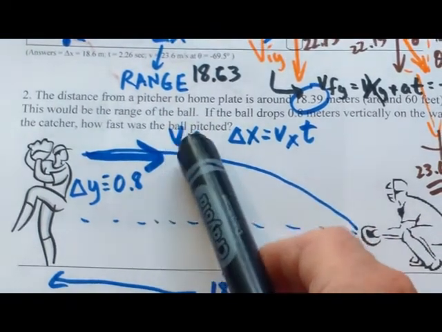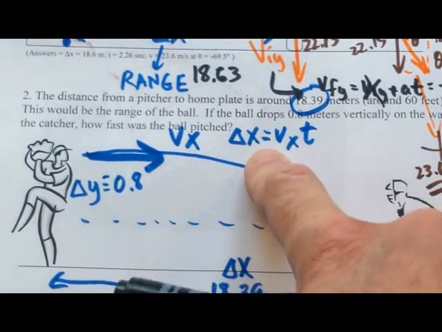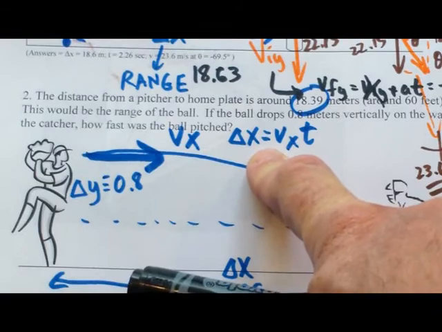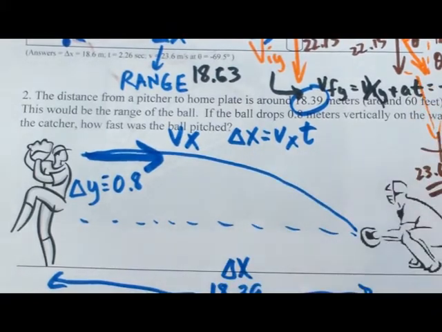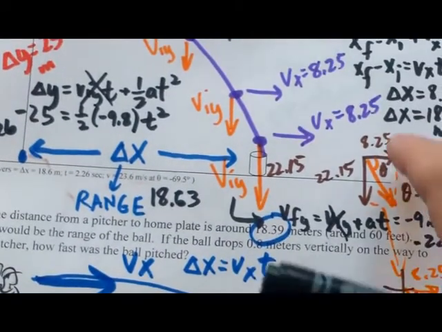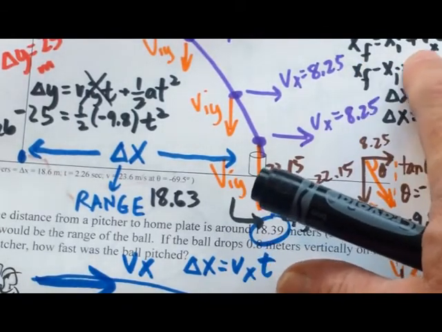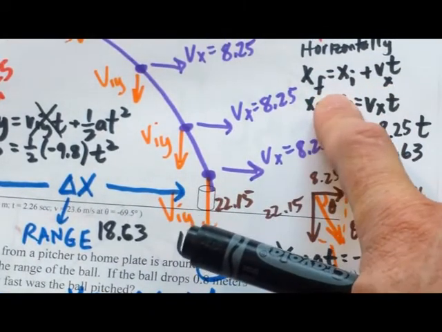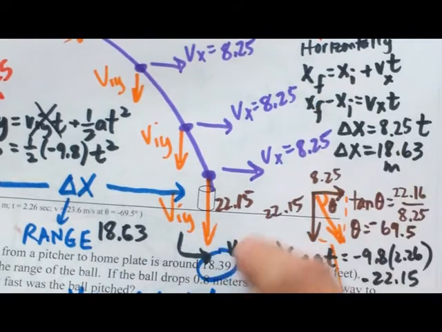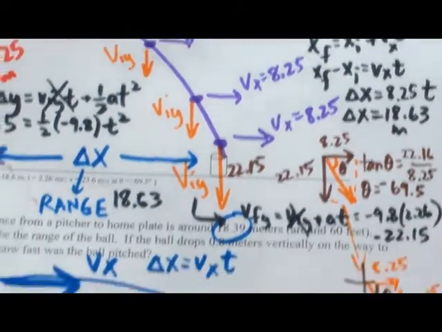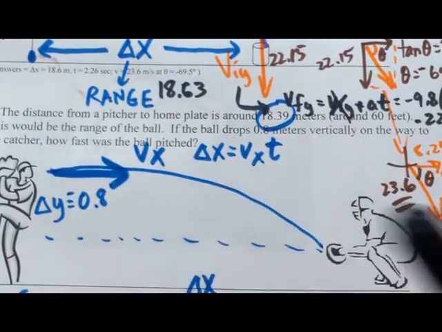So that's a horizontal idea, so we need the horizontal equation. We said then that horizontally the ball's traveling at constant velocity. So there's our constant velocity equation. Or we can write delta x equals vxt.